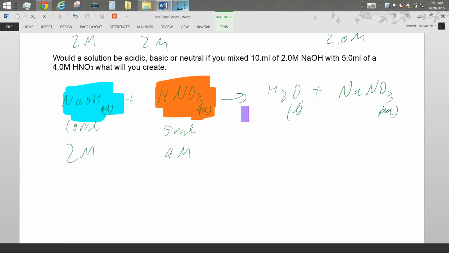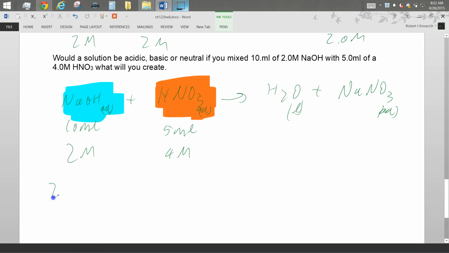I've got twice as much blue and half as much red, but the red is twice as concentrated as the blue. So what happens? They just cancel each other out, right? So how could you know that mathematically?